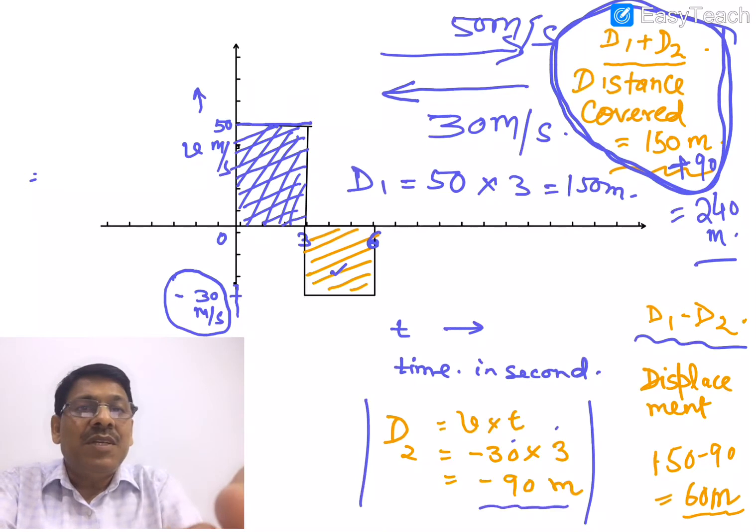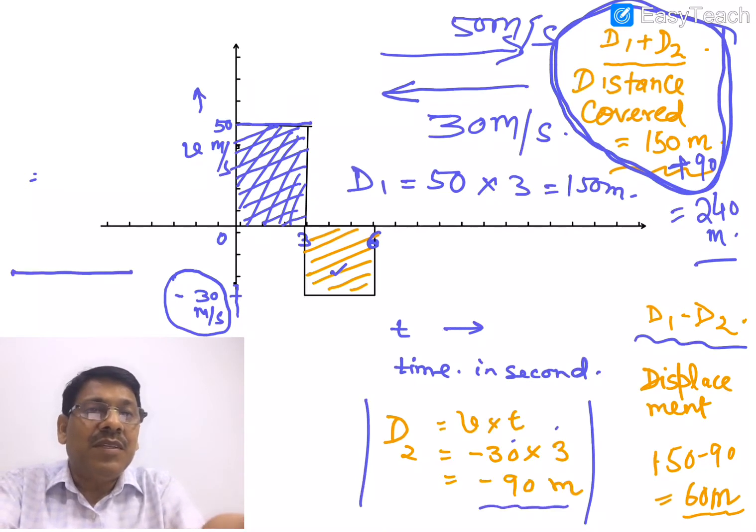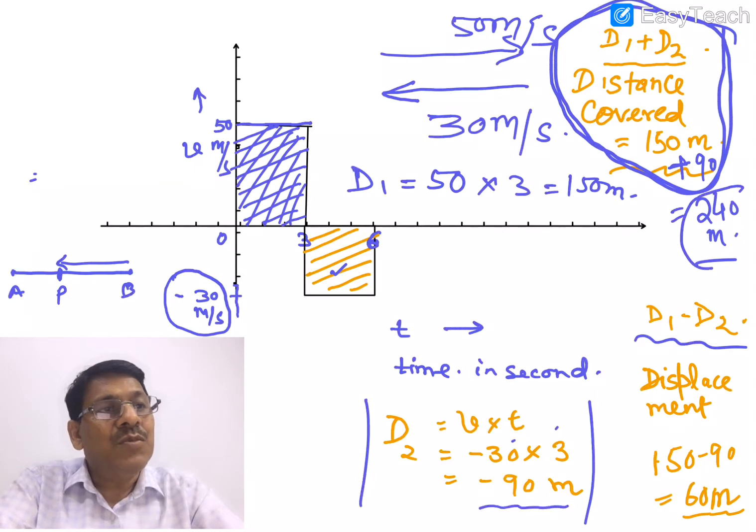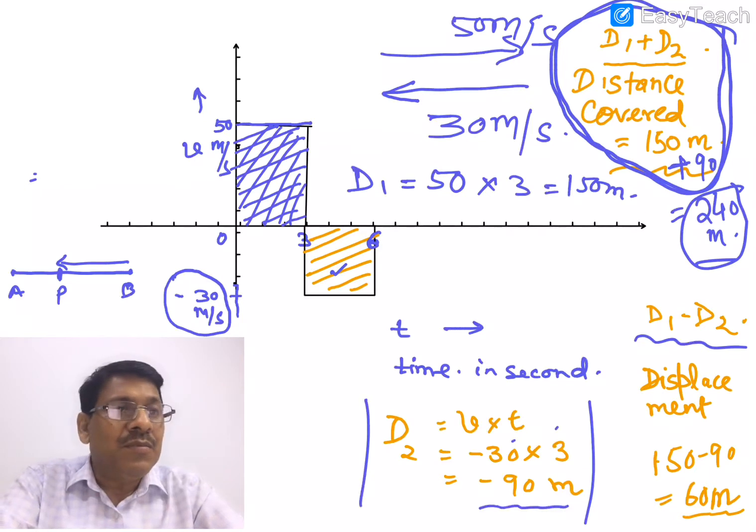Displacement means the body is once going from point A to point B, and now from B to A, the body is at this position P. The distance is 240, means total path covered, and the displacement is the position initially and finally of the body.